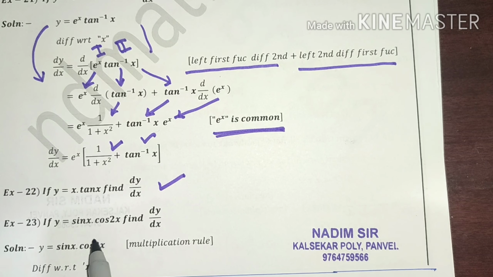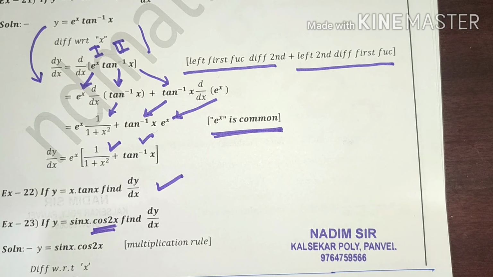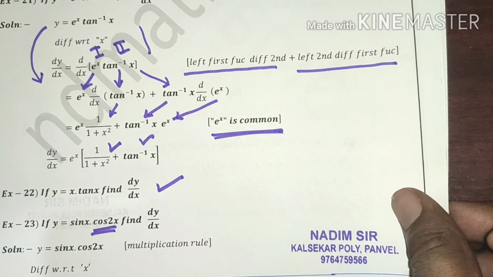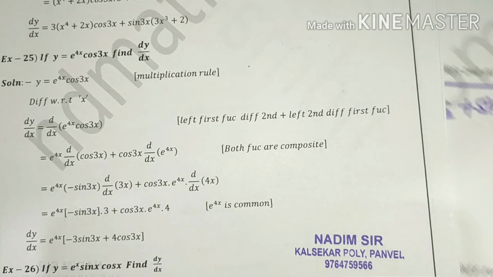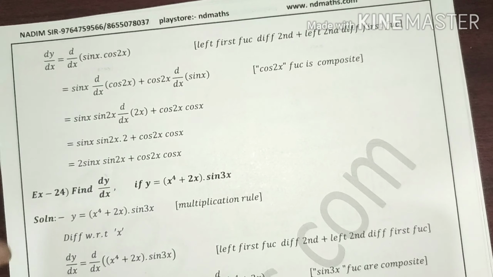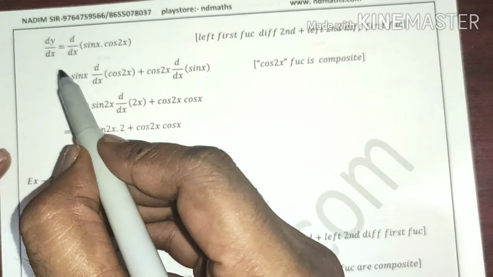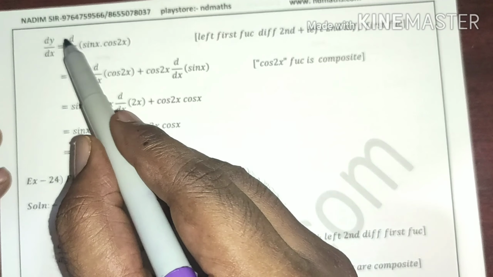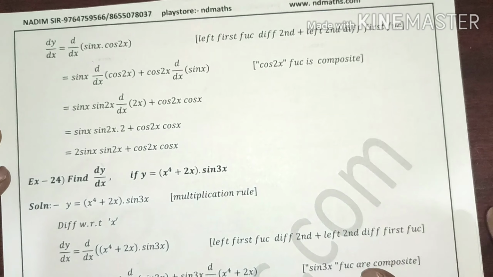See example number 23. y equal to sin x into cos 2x, find dy by dx. So here cos 2x is a composite function. So differentiate on both sides. After differentiating on both sides, as we know that the derivative of y is dy by dx of sin x into cos 2x.